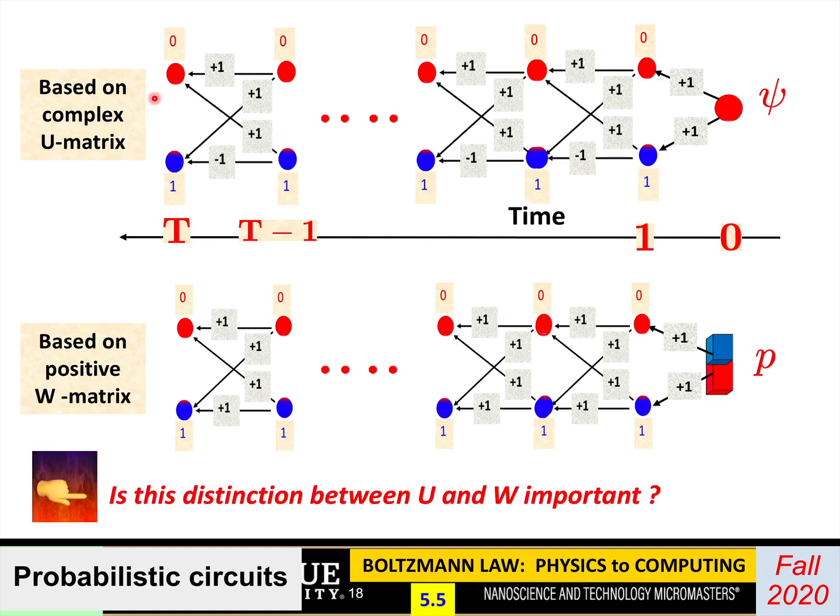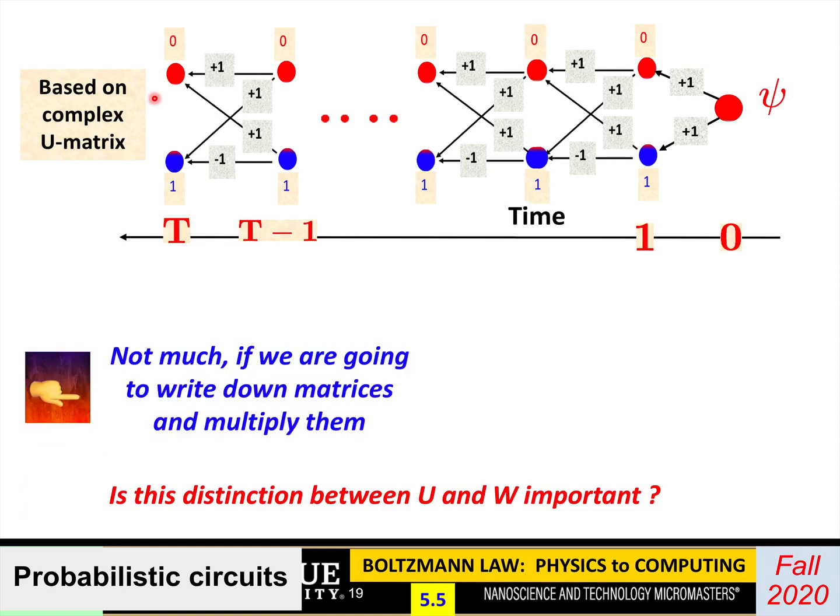Does that make a difference? Well, not really, if we are just going to multiply the matrices. If we are going to write down matrices and multiply them, then it's not too much more difficult to multiply complex matrices compared to real matrices. It's a little more complicated, but not a whole lot really.